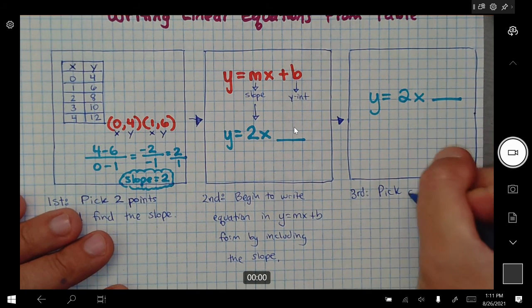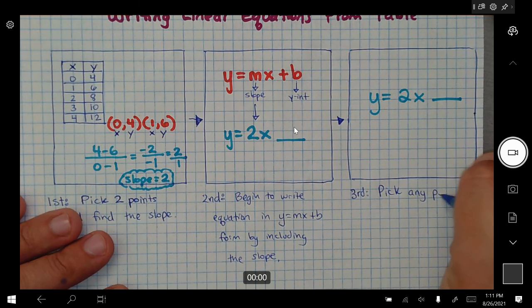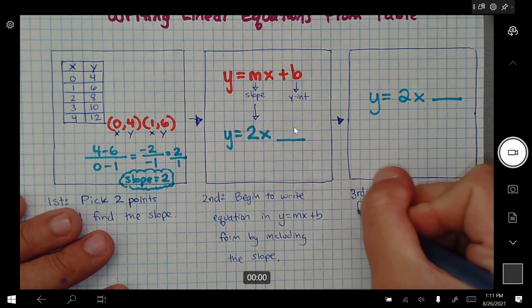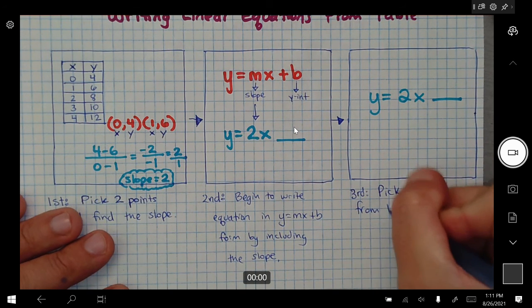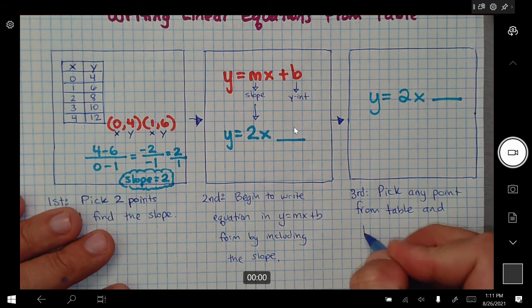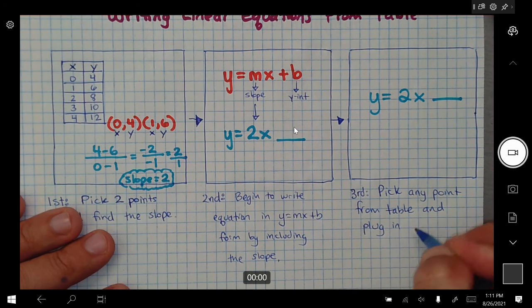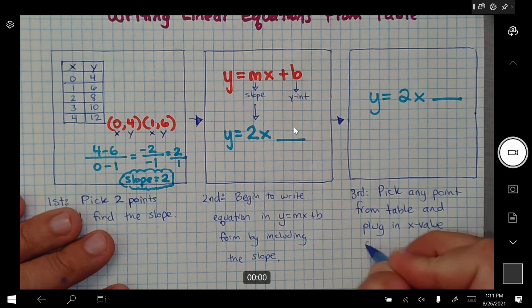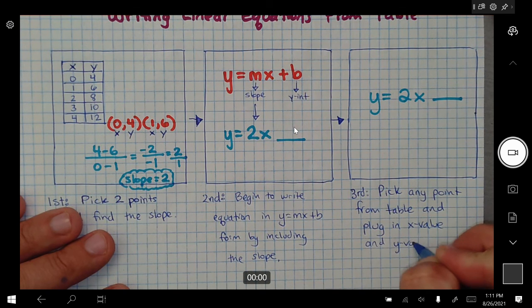Pick any point from table and plug in x value and y value to figure y-intercept.